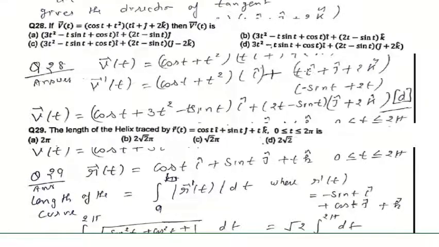Combine the coefficient containing i: cos t plus t square, and it is t sin t and 2t square. 2t square plus t square is 3t square. Cos t minus t sin t is the i component. j and k will be the same, 2t minus sin t. So which option is correct? D option is the correct option.